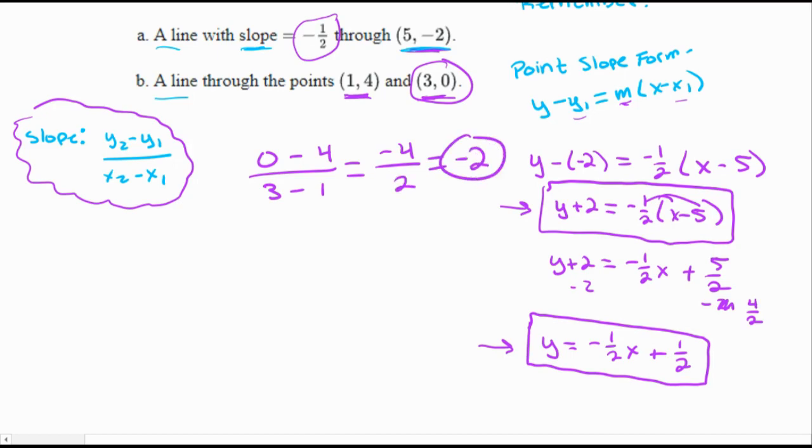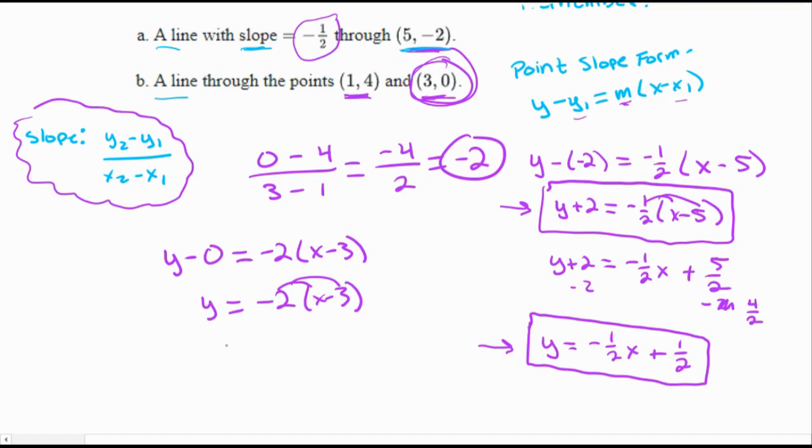So that's my slope, which is -2. Now I'm going to use (3, 0) and the slope -2, and I'm going to put it into point slope form. So I got y minus y1, which is 0, equals the slope, which is -2, times x minus x1, which is 3. And so in this case, y equals -2 (x minus 3).